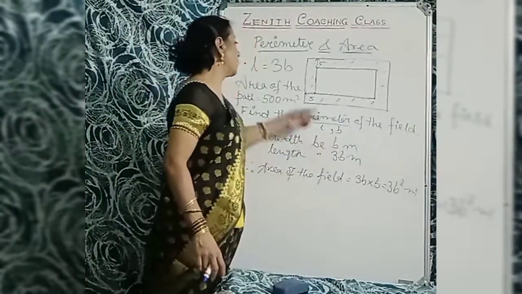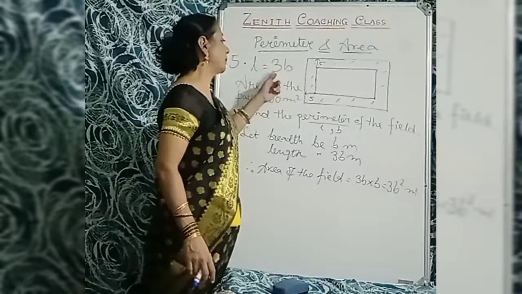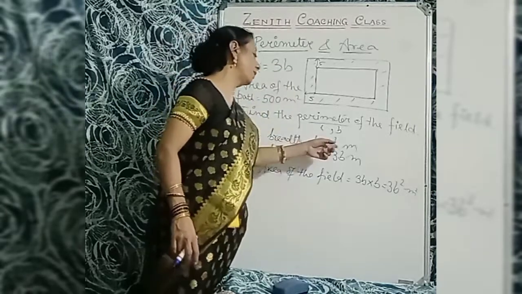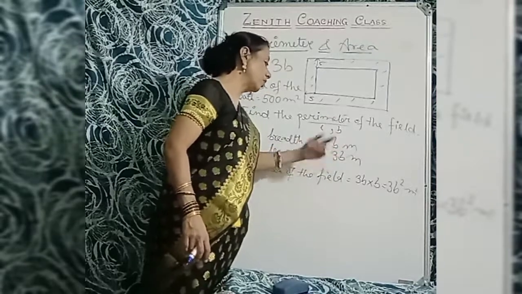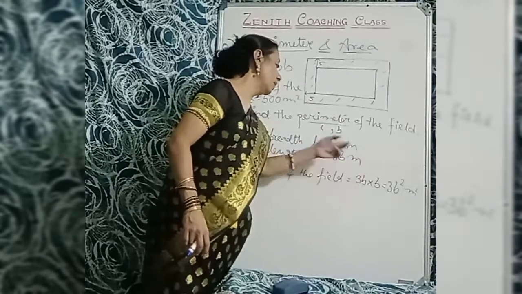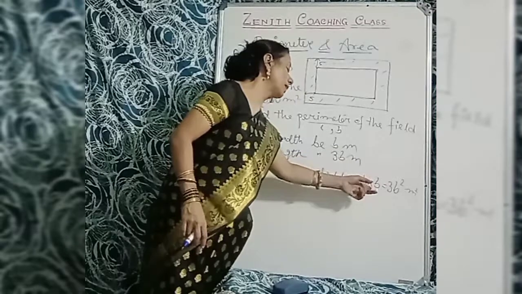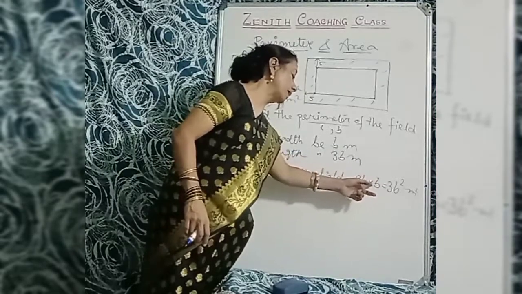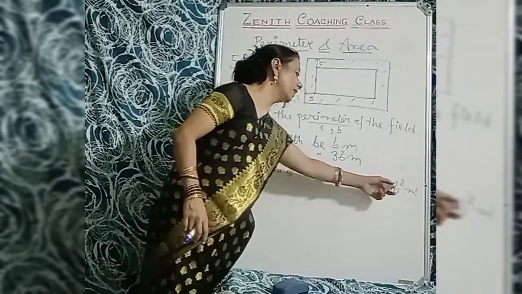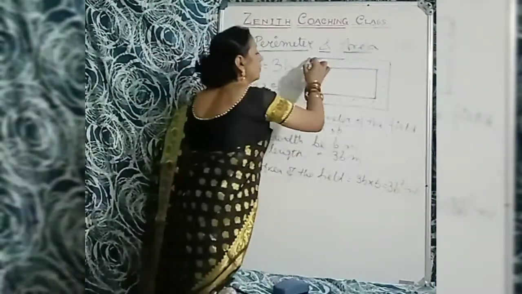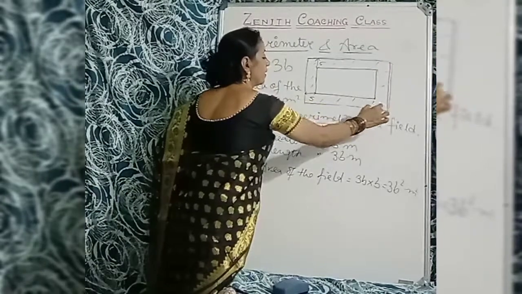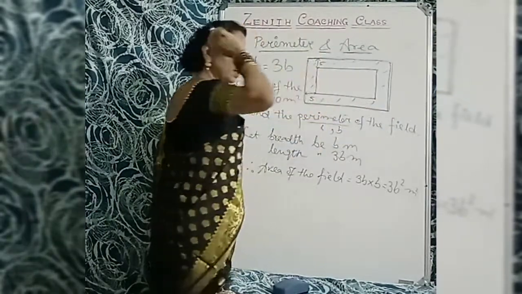Breadth equals to b meter and length is 3 times the breadth. So length equals to 3b. So area is length into breadth. So 3b multiplied by b, that is b multiplied by b, that is b square, and here is 3. So area of the rectangular field is 3b square meter square.